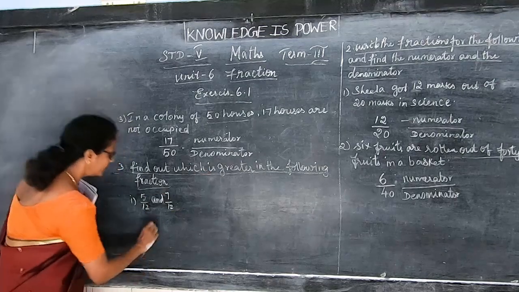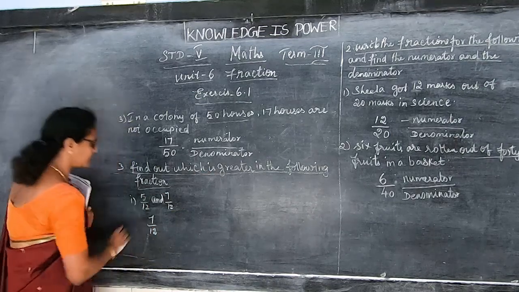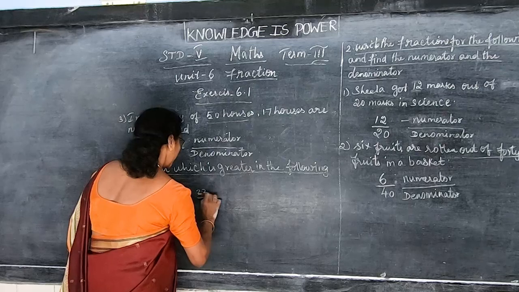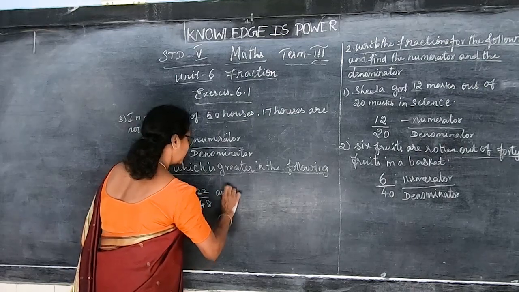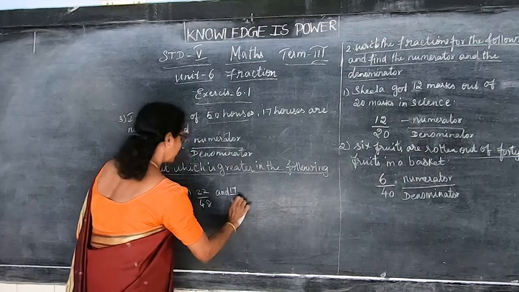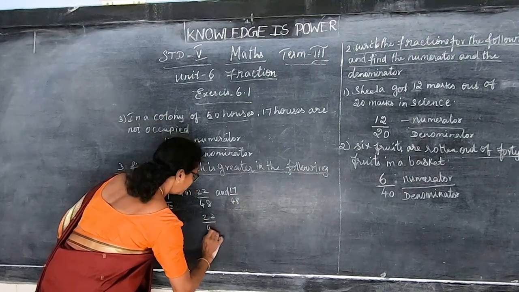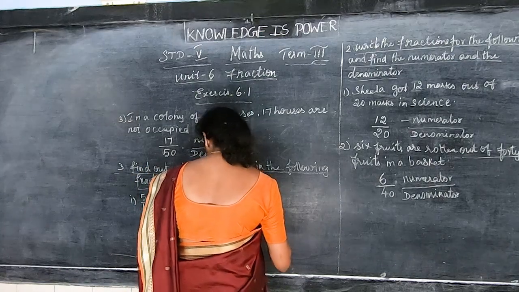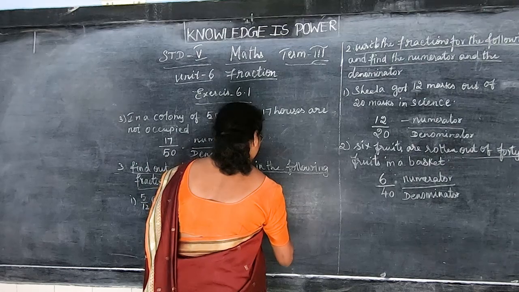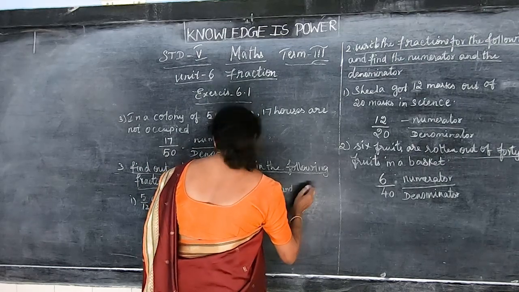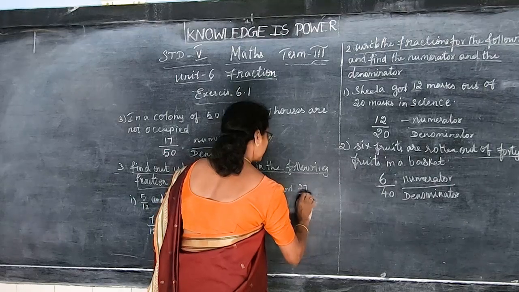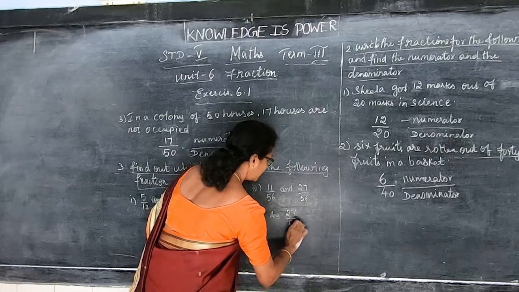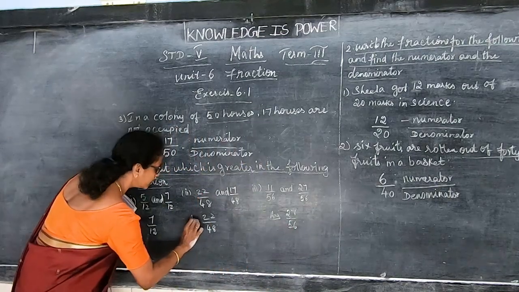Now, which is greater? 7 by 12 is greater. And second sum, 22 by 48 and 17 by 48. So 22 by 48 is the answer. And the third sum, 11 by 56 and 27 by 56. The answer is 27 by 56.